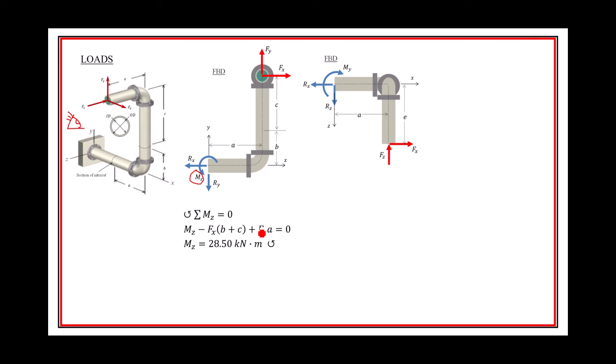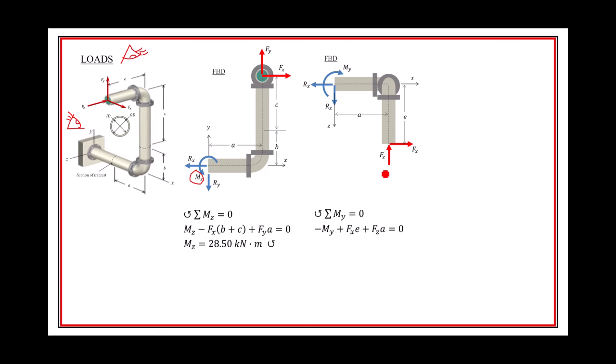Do it for the XZ plane. So now we're looking down at the thing from up above. Sum the moments about the Y axis now to get the reaction moment.